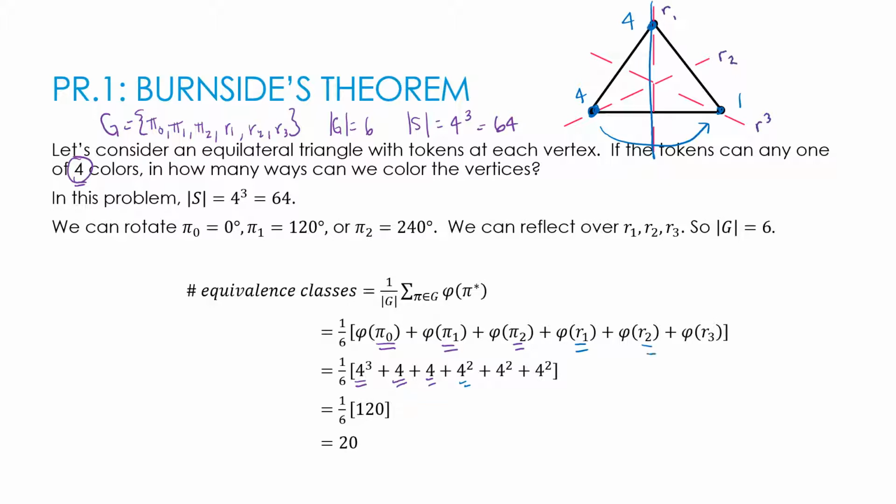Same thing's going to happen for really all of the reflections, because the one that is fixed will be the one that the line goes through, and then the other one, you can have one that you choose and the other one is fixed based on whatever you chose for the second vertex. So 4 squared, 4 squared, that gives me 1/6 times 120, and again the 6 came from here, and that gives me 20 equivalence classes.